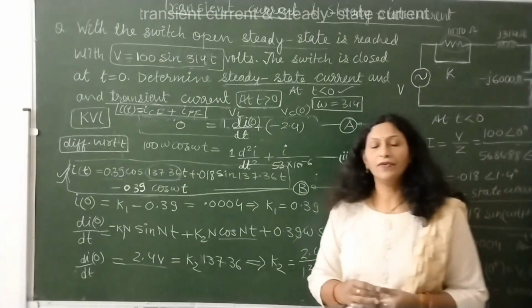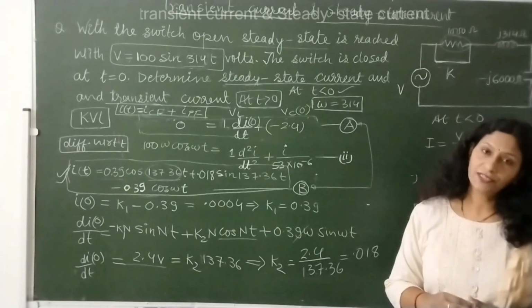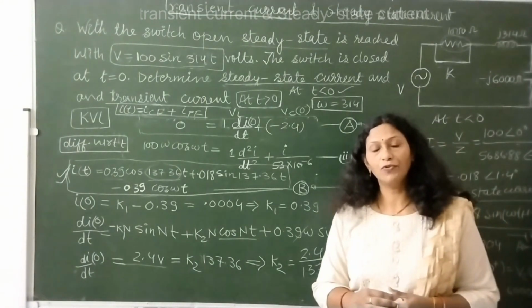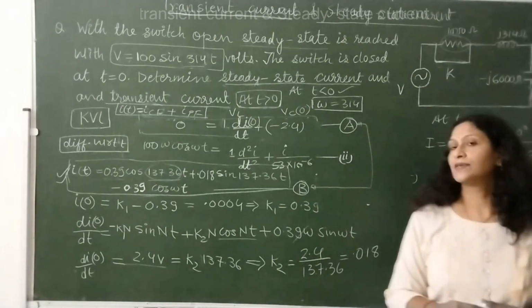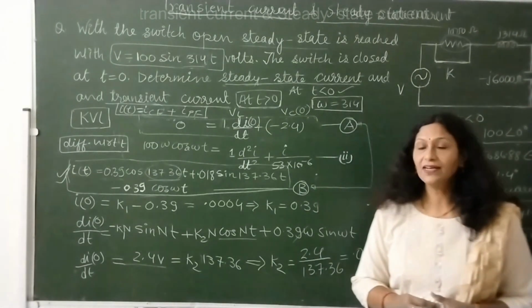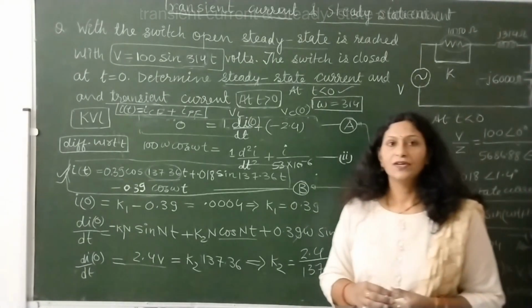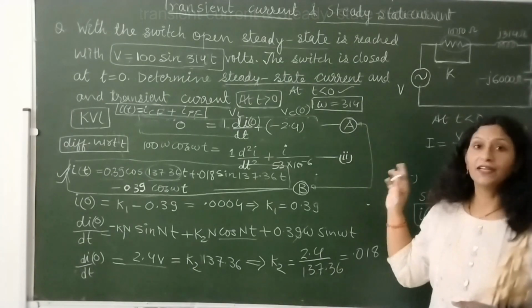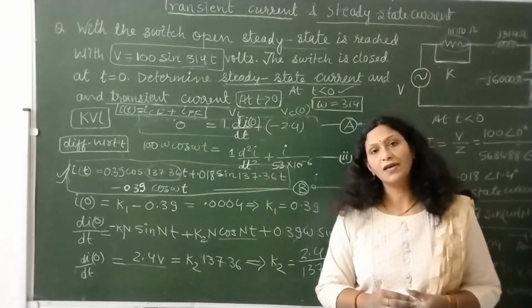So in this way we can find the transient current in this given RLC series circuit where sinusoidal input is applied as input source voltage. Thank you. So in this way we can find the transient current in RLC series circuit where sinusoidal input is applied.